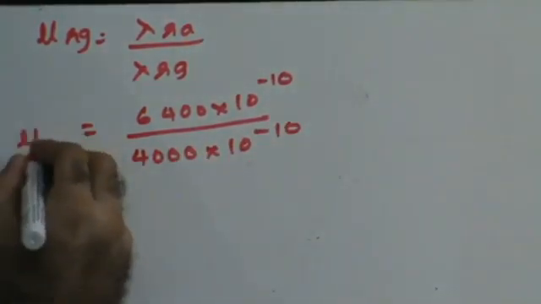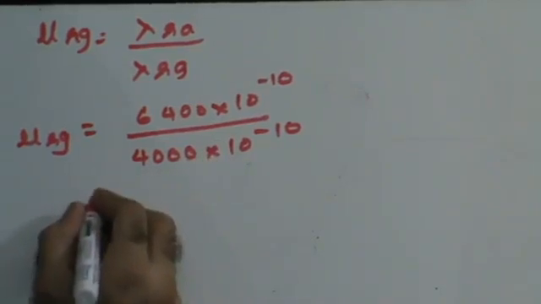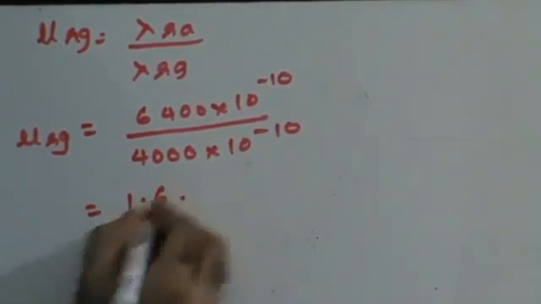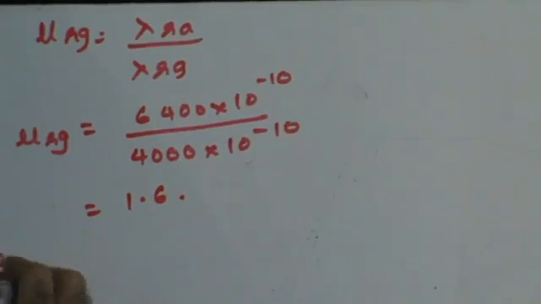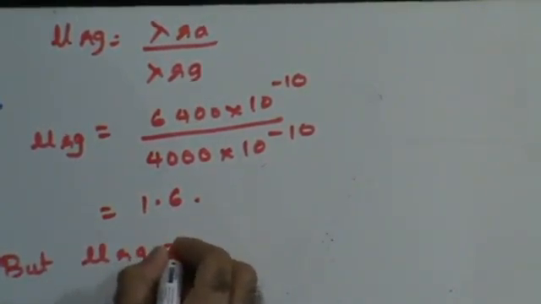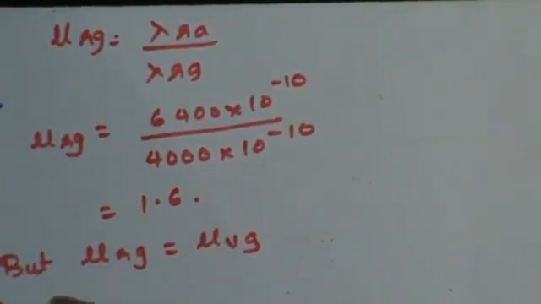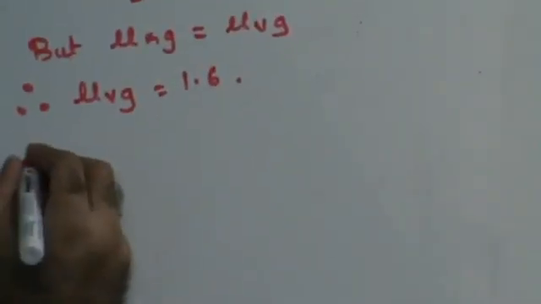So you should get the refractive index of red color in glass, which is equal to 1.6. They've given that the refractive index of red color in glass is equal to the refractive index of violet color in glass. Therefore, the refractive index of violet color in glass will also be 1.6.